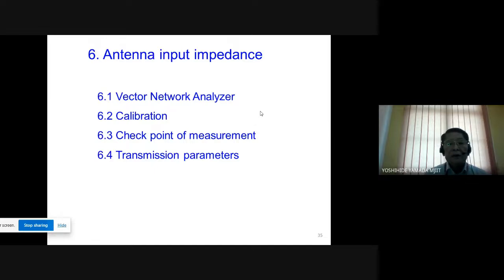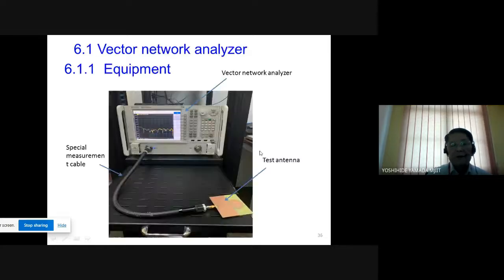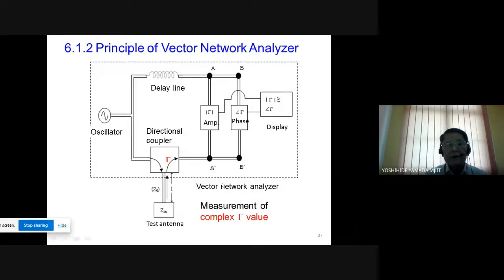Next is the antenna impedance measurement: the principle of a vector network analyzer and calibration method, checkpoints of measurement, transmission parameters. So this is a vector network analyzer with one port, and the test antenna is attached. The principle of the VNA is measurement of reflection from the measured antenna.